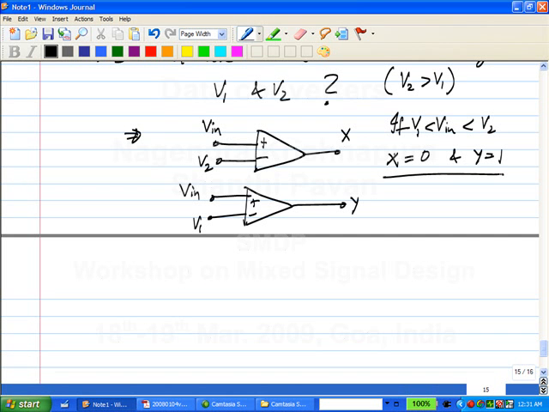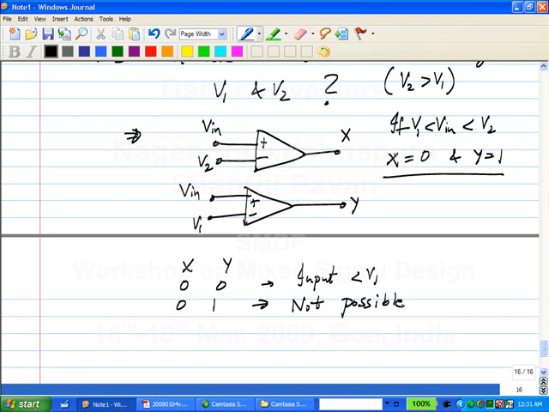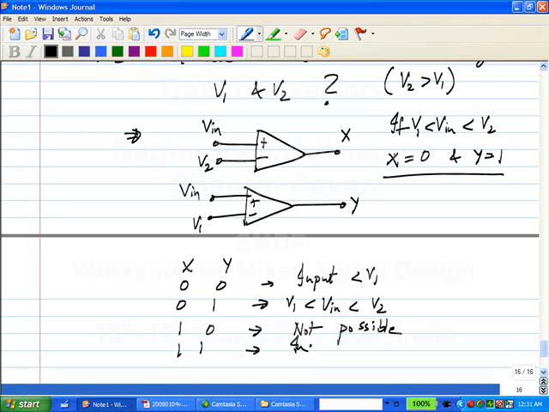So X, Y: 0, 0 means input is less than V1. 1, 0 is not possible. 0, 1 is possible, and this means that Vin is less than V2 and greater than V1. And 1, 1 means input is greater than V2. So to figure out if the input lies within a certain bin, you need 2 comparators. Does it make sense?